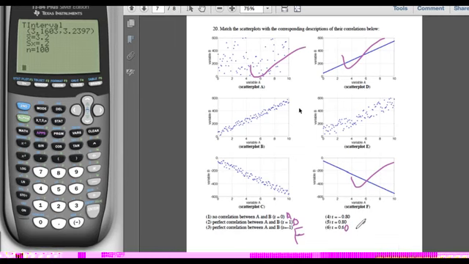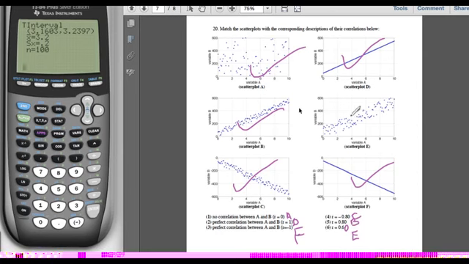If I look at the remaining 3, scatter plot B has a positive trend, it's going up. Scatter plot E is a positive trend, but scatter plot C is a negative trend, it's headed down from left to right, so number 4 matches with scatter plot C. Out of the 2 remaining scatter plots, B and E, the R value of 0.80 on number 5 has to go with B, and the R value of 0.60 has to go with scatter plot E. Here the dots are a little bit more clustered, they're closer together, so it's a little bit stronger, so that's why it goes with 0.80, the strong correlation.